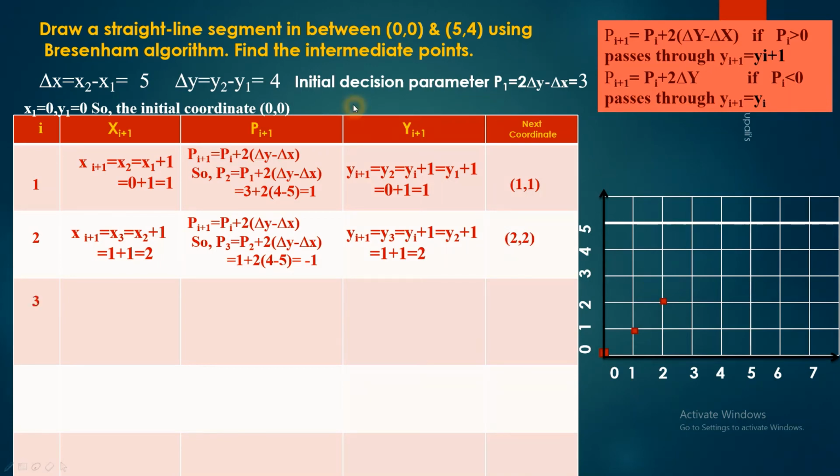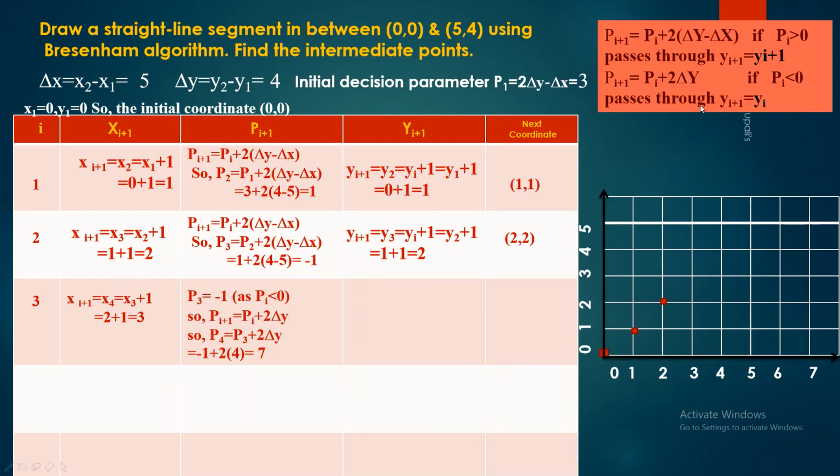Now, the third case. The third one is again to increase x by 1. X becomes 3. What is the decision parameter? In the previous case it is negative. So, is it the first case or the second case? Tell me. It is the second case because pi is less than 0. So, pi plus 1 equals pi plus 2 del y. Calculate, we get 7.